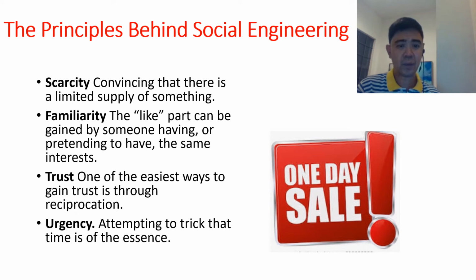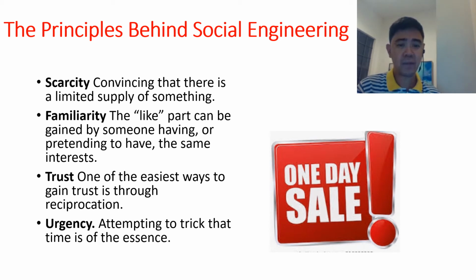In trust, one of the easiest ways to gain trust is through reciprocation. When someone does something for you, there is often a feeling that you owe that person something, and in effect, the attacker gains the trust of the victim.